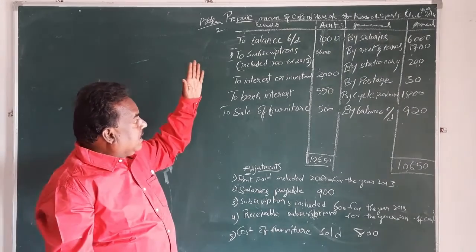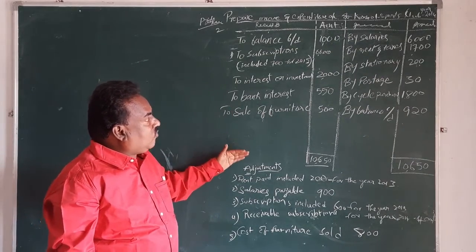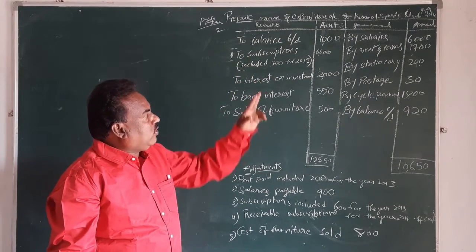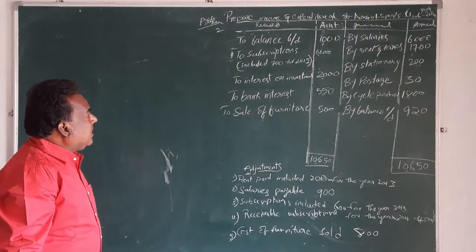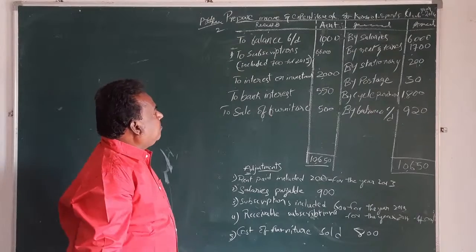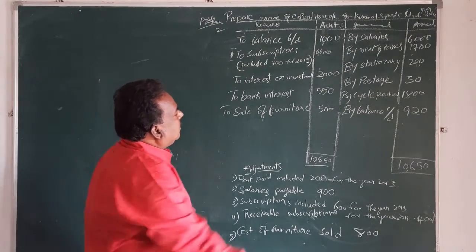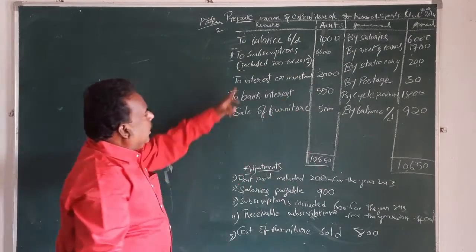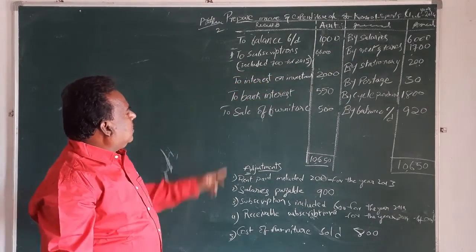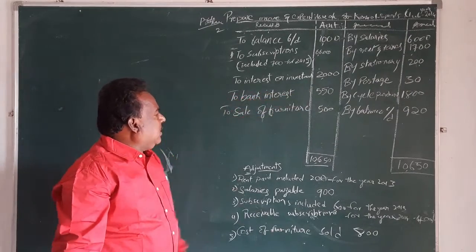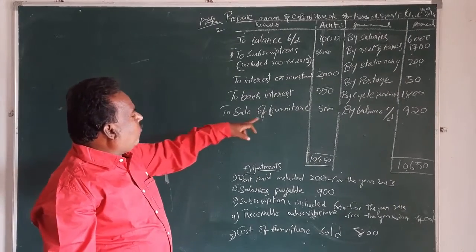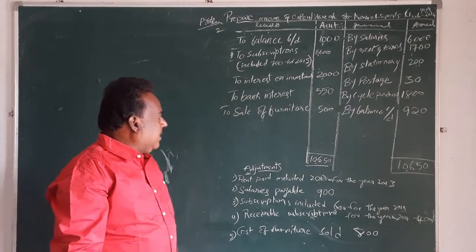So this is the receipts and payments account of Colonel Sports Club for the year ended December 31st, 2014. Receipts are like this: to balance brought down 1,000, to subscriptions 6,600, including 700 for the year 2015. Next, to interest on investment 2,000, to bank interest 550, to sale of old furniture 500.